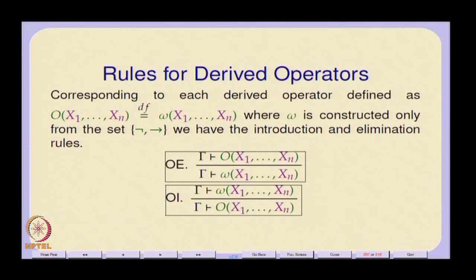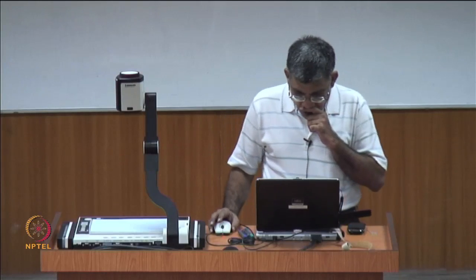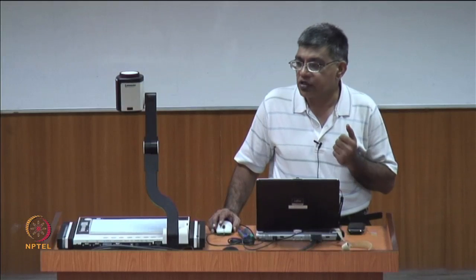Why not, right? And every time in any proof, if I encounter this operator O, I can replace it by its definition. And any time in any proof, if I encounter a pattern which corresponds to this pattern omega, then I can replace it by its left hand side, right, by preserving the names of places and the colors of places as they are. That is important. Yeah. Okay. So basically for all derived operators you just require some elimination and introduction rules.